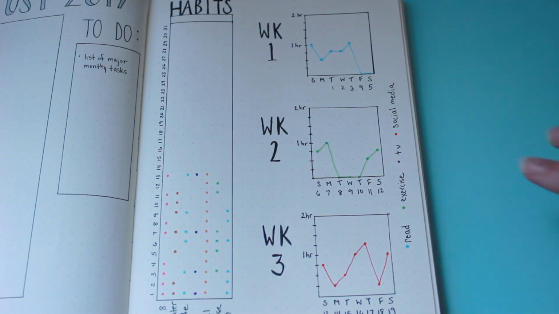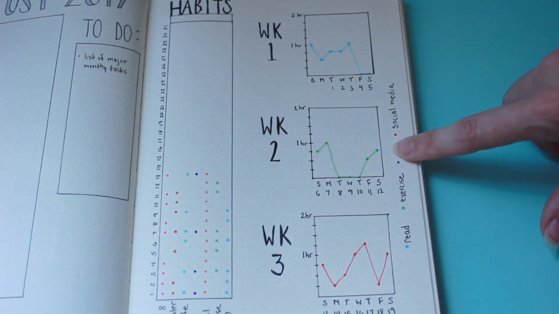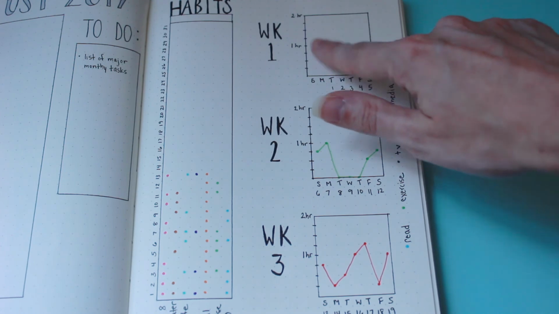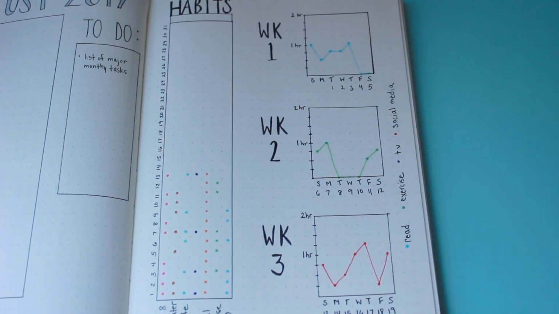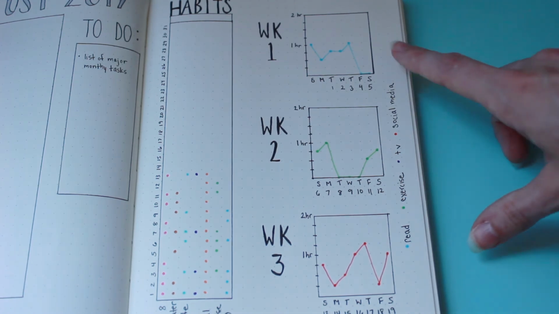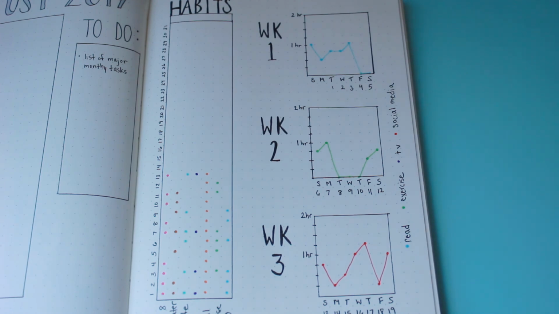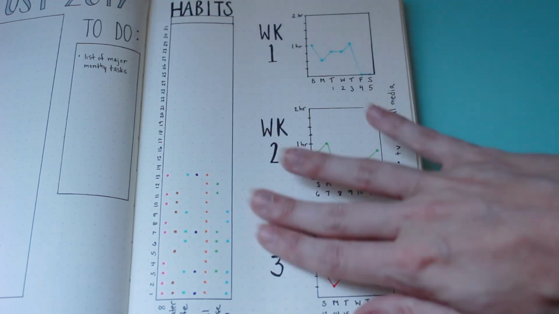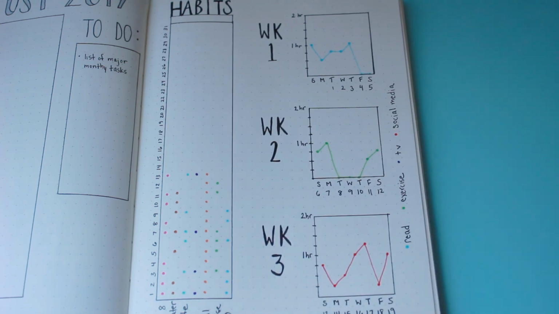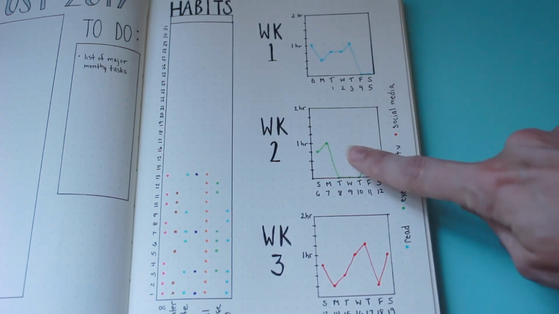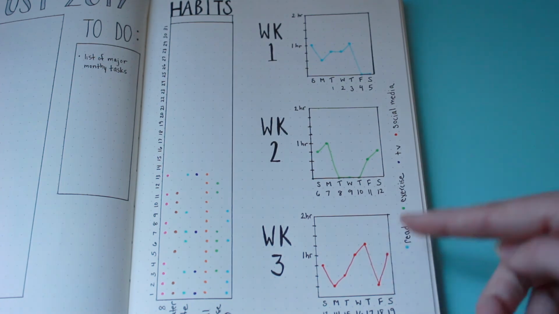the 19th. And I was planning on tracking reading, exercise, TV, and social media in each of the squares so that I could see how those things might have related to one another, or how much time I was spending generally on each of those things. But then I decided it could be cool if you wanted to get rid of these week 1, week 2, and week 3 and have a tracker for each of the different activities.